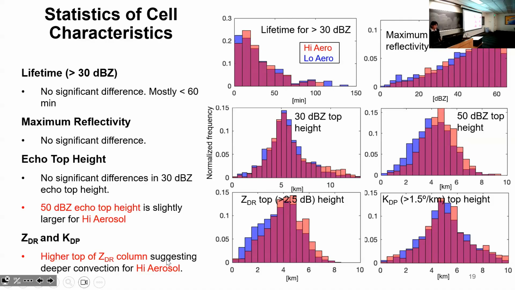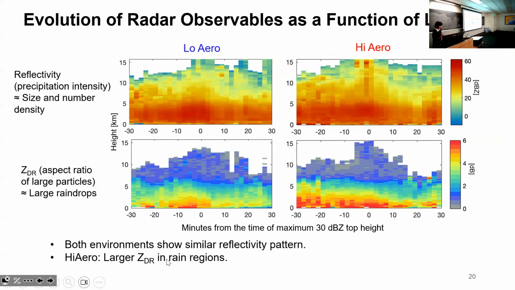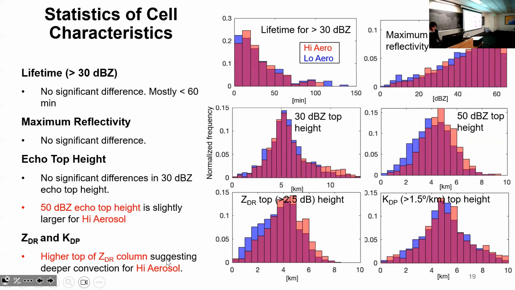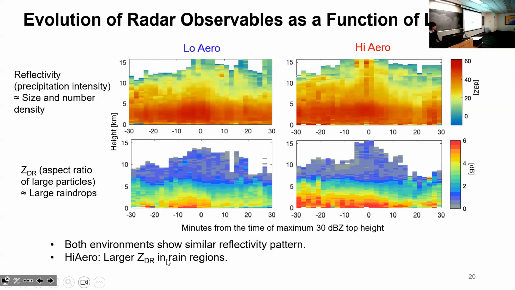So I can't see a clear difference in these normalized frequency distributions. But when we look at the time series of these radar parameters, we can see the clear difference between low aerosol environment and high aerosol environment.